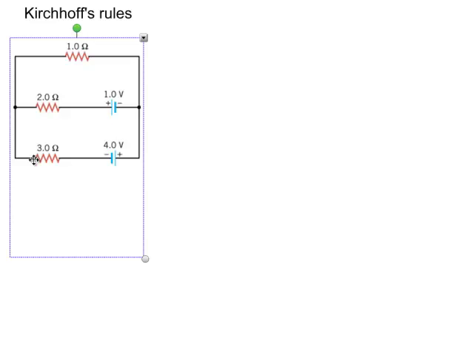Potentially we could come up with, I believe, let's see, 1, 2, 3, 5 equations, because we have a top loop here and we have a bottom loop. And we have the entire square as a loop, but that one would be redundant because if you put the top loop and the bottom loop together, you get the entire loop. So out of those three loops, one of them would be redundant.